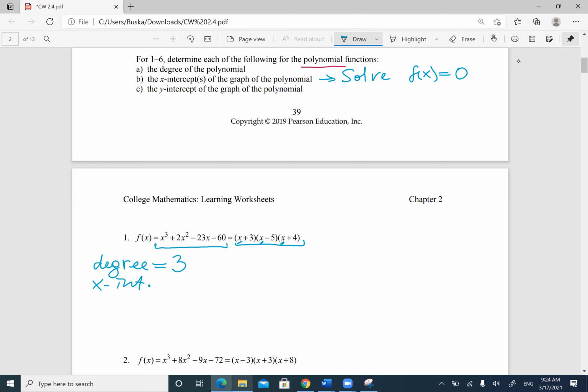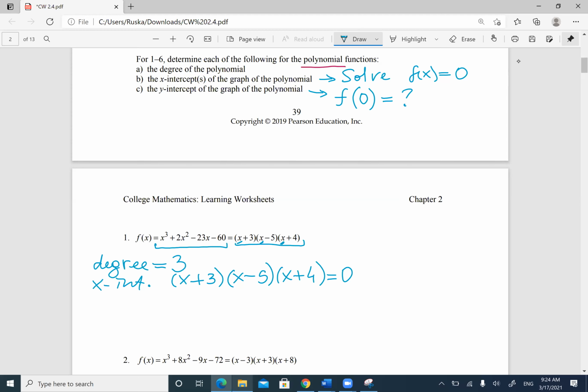Now this equation has exponent 3, so in order to solve it, it's easier if I use the factor form. If I have x plus 3, x minus 5, and x plus 4 equals 0, this is going to solve faster because it's already factored, and I'll show you how to solve it. Now, when you find the y-intercept, you need to plug in x is 0, so I have to do f of 0. That's your y-intercept. Okay, so let's do the x-intercept first.